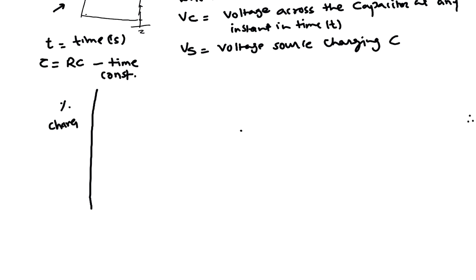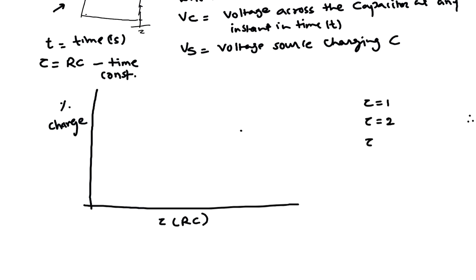On the x-axis you have tau, which is the product of RC, the time constant. So tau equal to 1, tau equal to 2, tau equal to 3, and so on, up to tau equal to 7. So this is 1 RC, this is 2 RC, this is 3 times the RC, and so on.